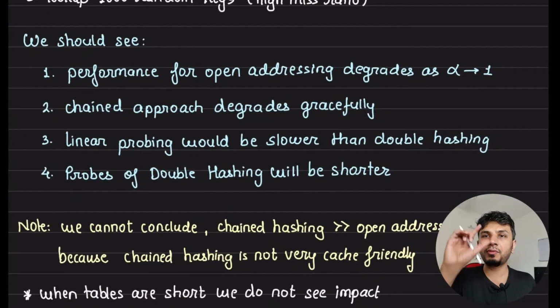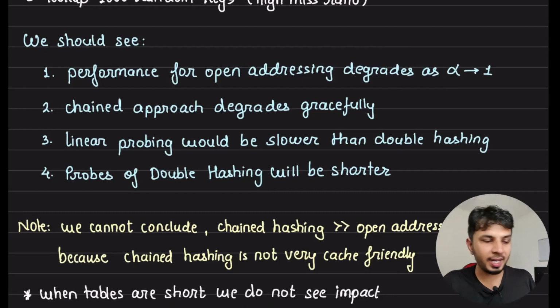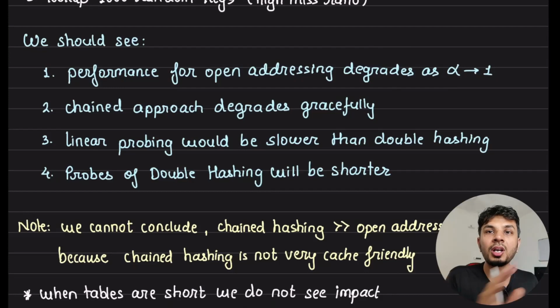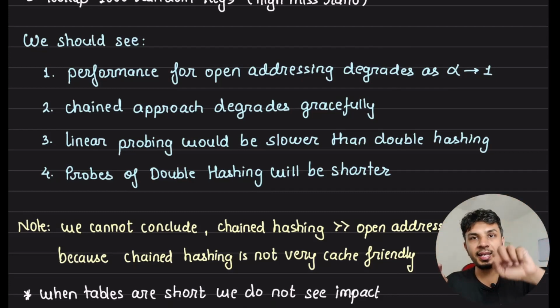So a few things that we would see when we are measuring lookups versus load. First, performance for open addressing degrades as alpha tends to 1. If you are implementing an open addressing strategy for your hash table collision resolution, you would see that as alpha tends to 1, your performance starts to degrade, because alpha tending to 1 implies the number of elements is almost equal to the number of slots of your array.